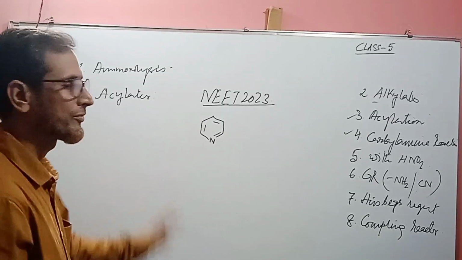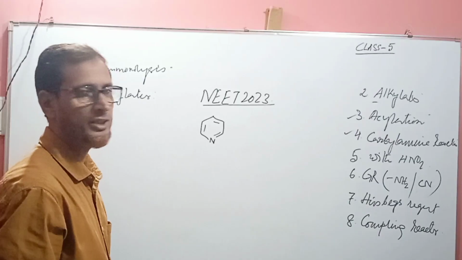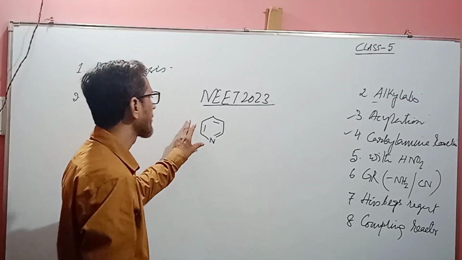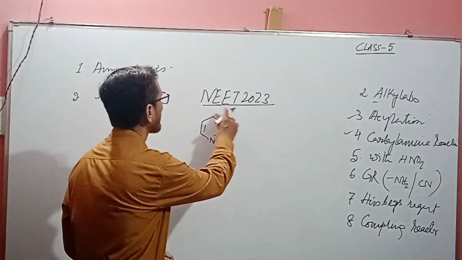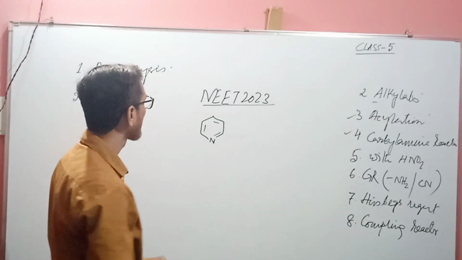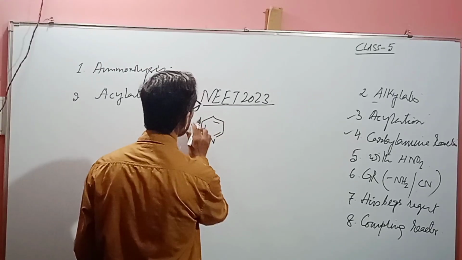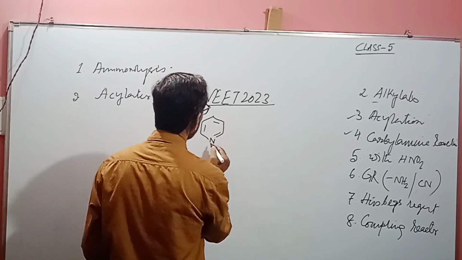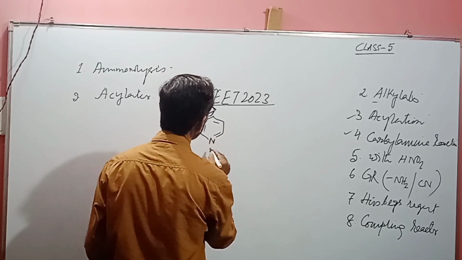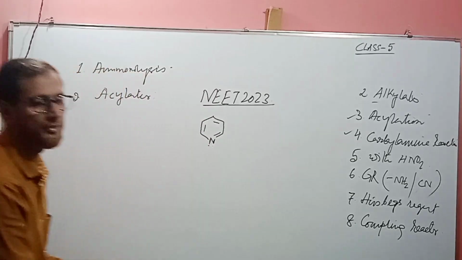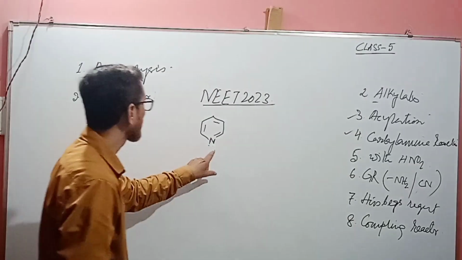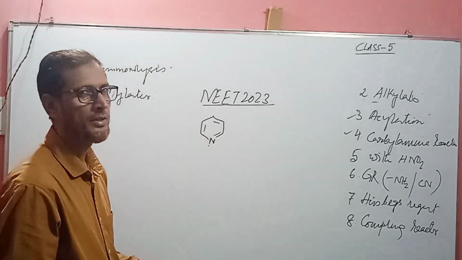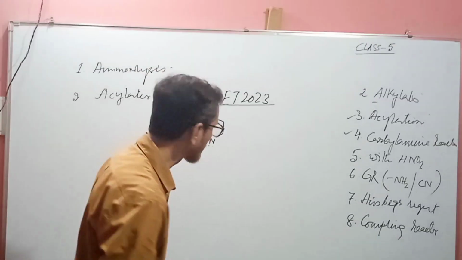Maximum students answered wrong. Sigma and pi bonds you can very easily calculate. This is sigma, 6, 6, and like this you can calculate. But most of you have forgotten the lone pair. Mind that due to the presence of this lone pair, it is a base.